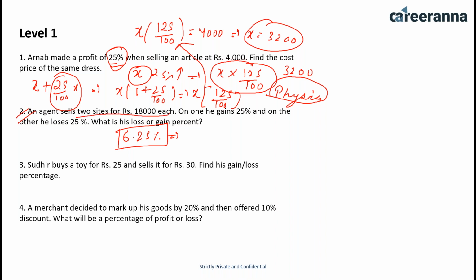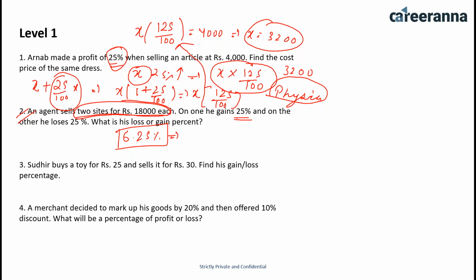Okay, so now we have to understand that there is a formula when selling price is given for two articles or two things, and if it is the same, and on one there is X% profit and X% loss on the other. Indrajit, keep yourself muted.